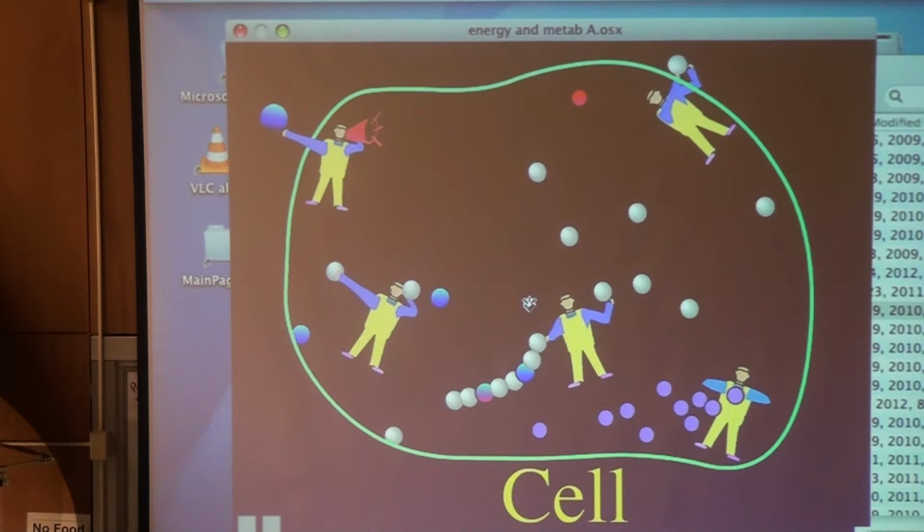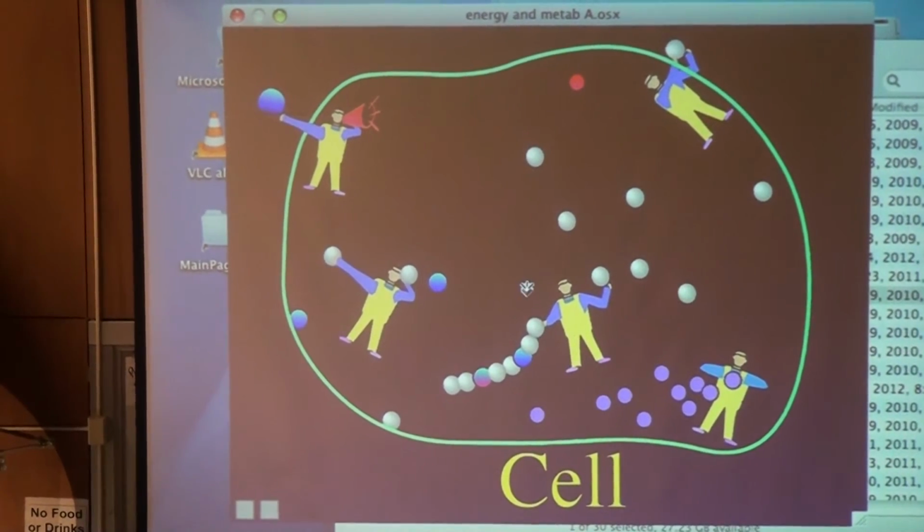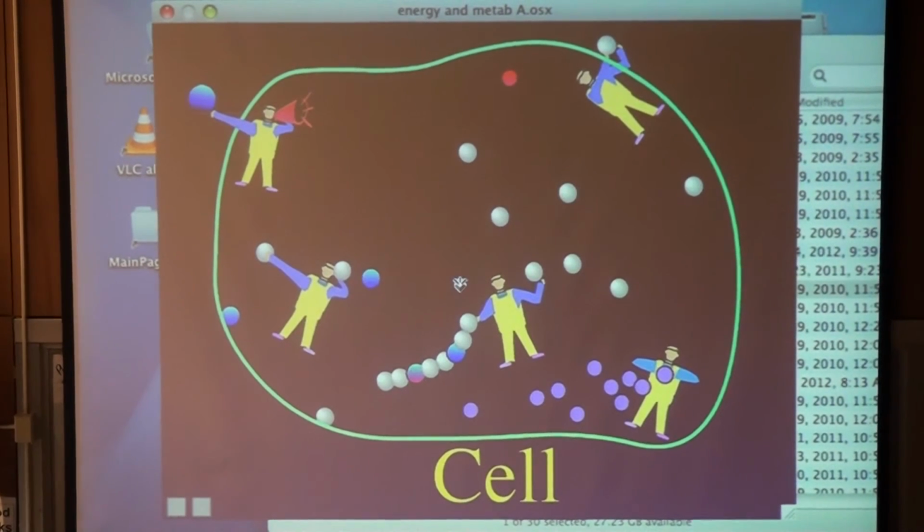They carry out all the work and all the tasks. Like this guy was supposed to be a transport protein for bringing things through the cell membrane. This guy was a receptor protein. But these guys, I think, are the most important of all. Those are supposed to be the enzymes, and they carry out chemical reactions. They change molecules. And it takes a lot of chemical reactions to keep a cell alive.